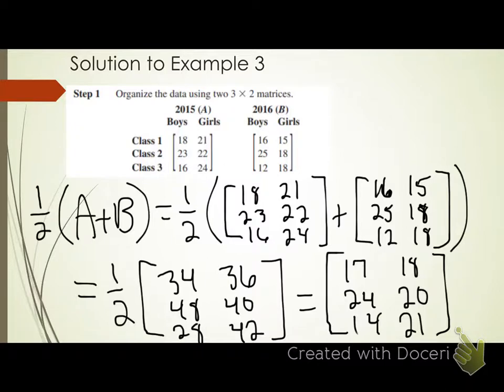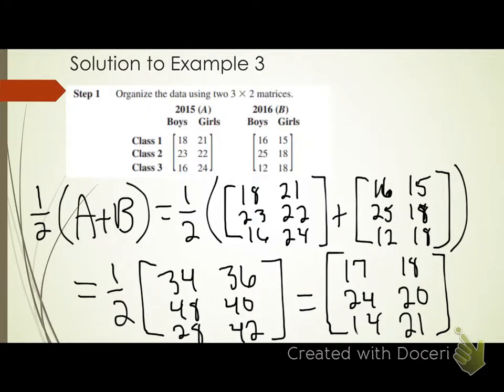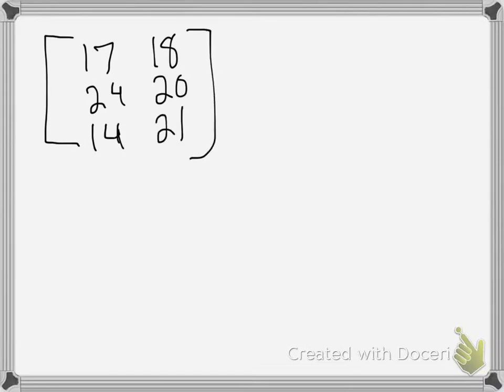So it says find and interpret the matrix giving the average number of qualifiers in each class and gender. So I've got my matrix. Now I need to go ahead and interpret it. So it's 17, 18, 24, 20, 14, 21. Now I need to interpret this matrix for this given situation.